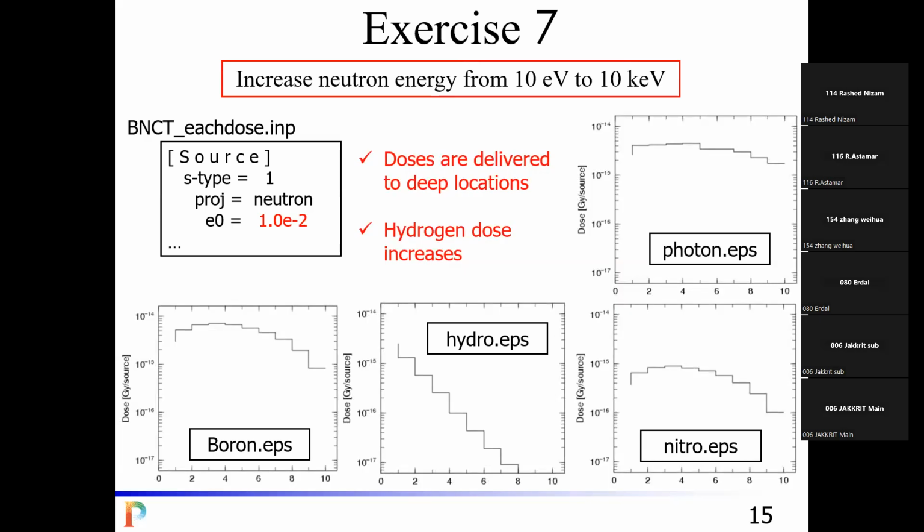Basically, the neutrons are delivered to deeper locations. Particularly, the hydrogen dose increases because the hydrogen dose comes from rather high energy neutrons, so it increases very much. The other doses, boron dose and nitrogen dose, come mostly from thermal neutrons, so they won't change that much.